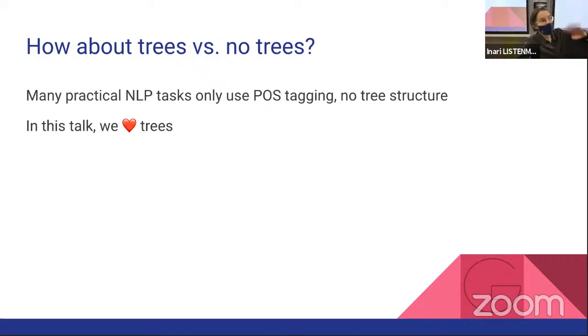And so we're ignoring the "no trees" option, because many practical NLP tasks are perfectly fine using just part of speech tagging, and there's something called shallow parsing, where the trees are not really recursive, but you can still have some kind of tag that, oh, VP starts here, VP ends here, but they're not fully fledged trees. But in this summer school, we are very big fans of trees, and it's not like we're not doing practical NLP tasks, we're doing some type theory based grammar formalism. No, sorry, just kidding. We are doing that too.